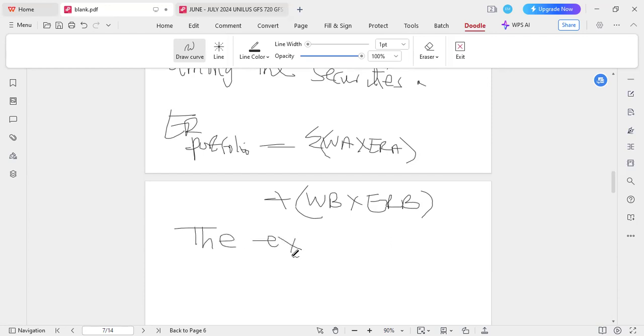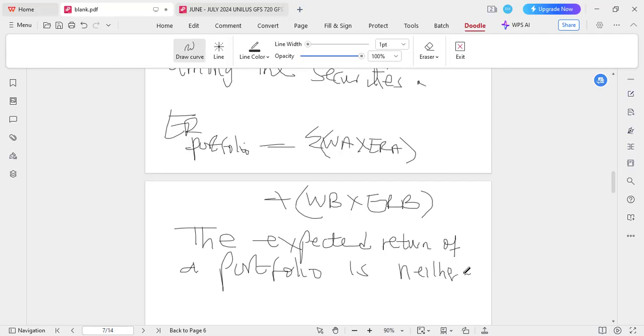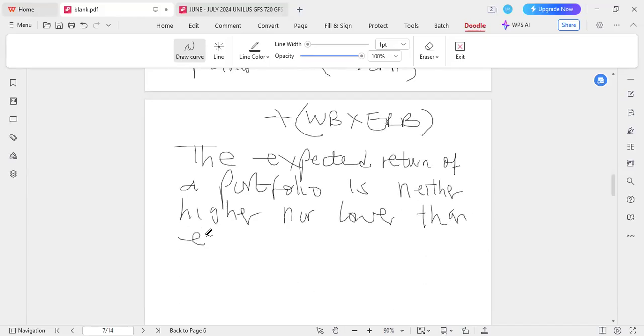The expected return of a portfolio is neither higher nor lower than expected return of individual securities.